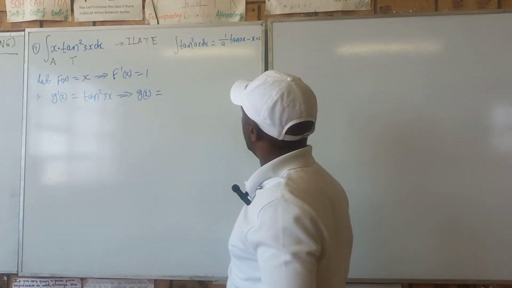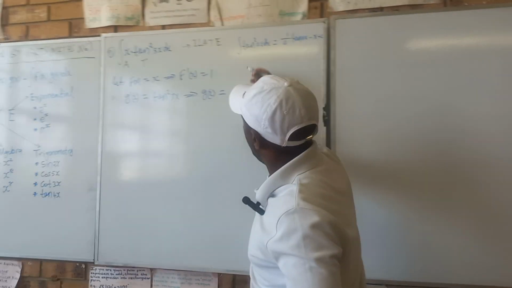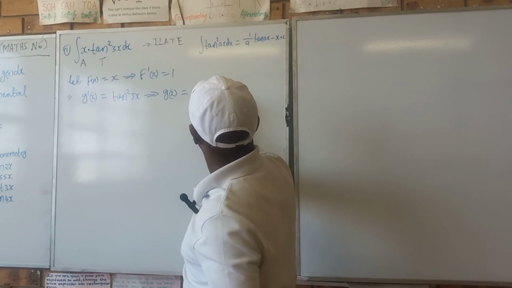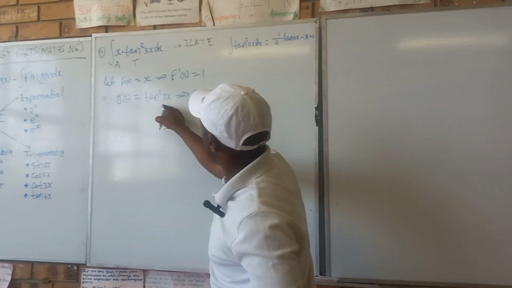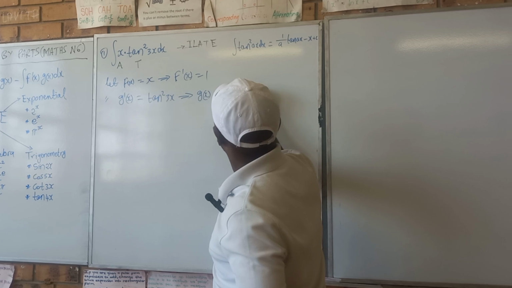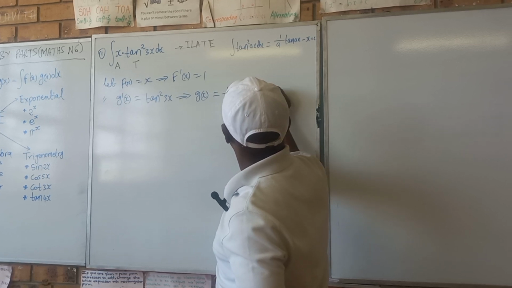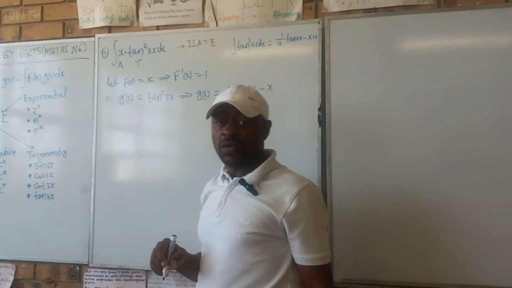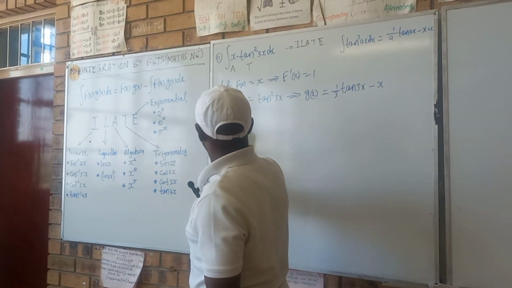So that's your integral. When we match it to the formula, our a is 3. If we apply that formula, the integral of tan squared 3x will be 1 on 3 tan 3x minus x. So that's our integral, and we can now substitute into the formula for integration by parts.